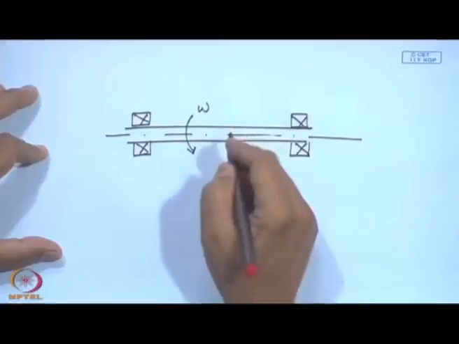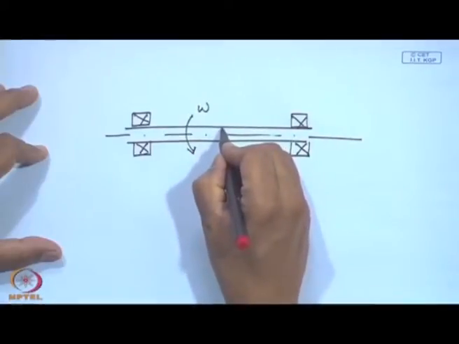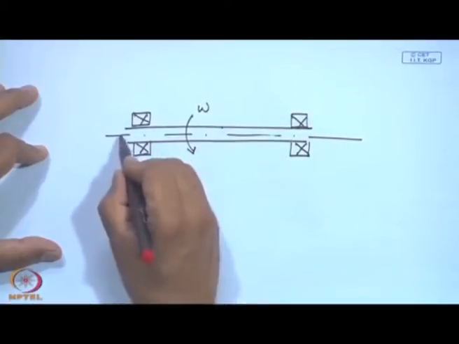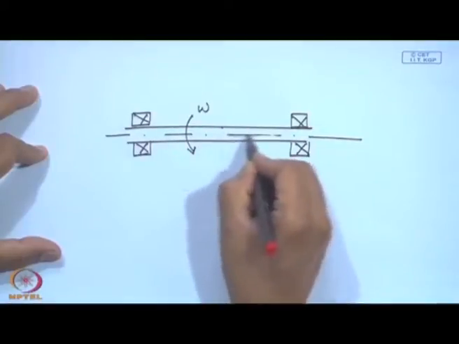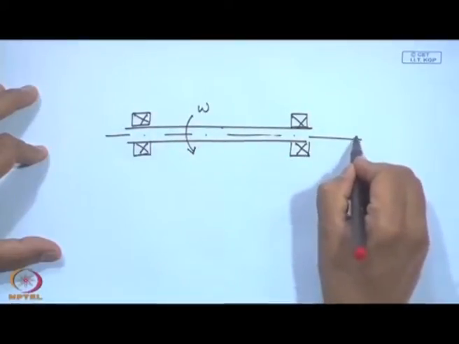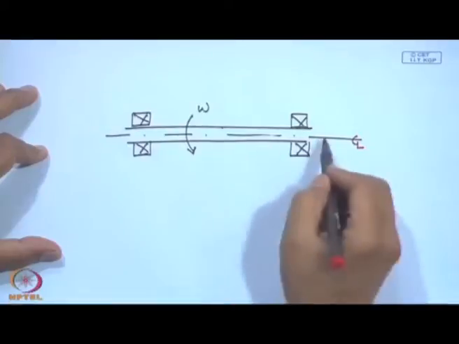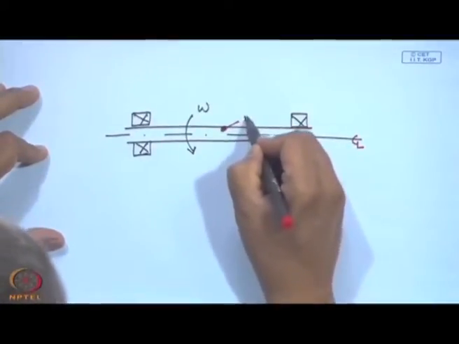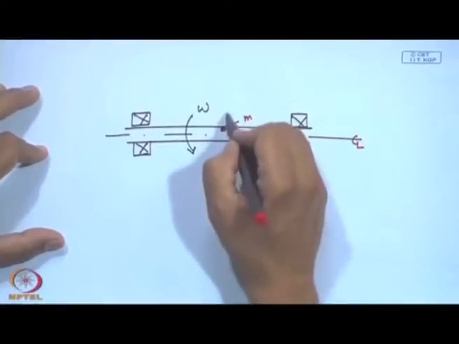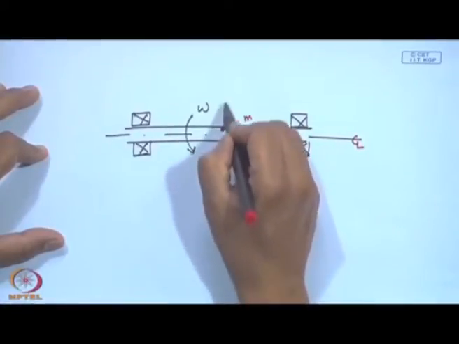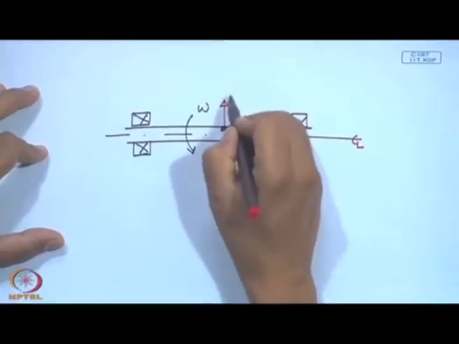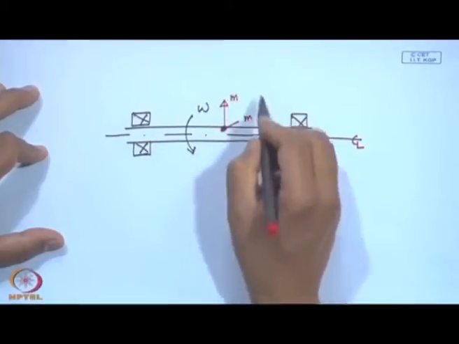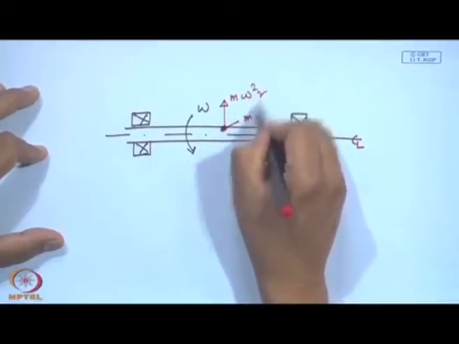Now, if for some reason there is an unequal distribution of the mass which is rotating around the geometrical center line of the body, and there is a small mass m, this mass, because it is not uniformly distributed, is going to give a force m omega square r.